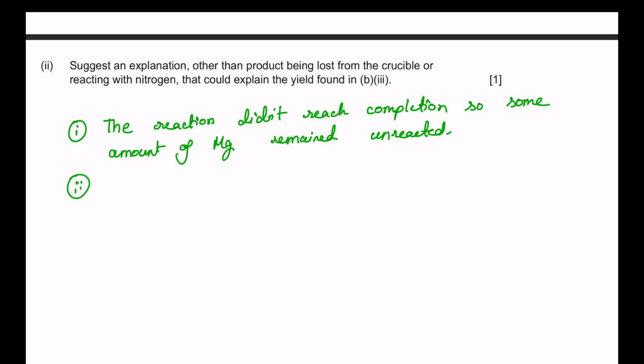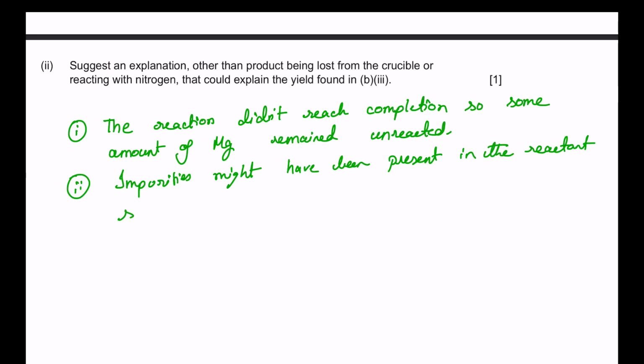The second possible explanation is impurities might have been present in the reactant sample of magnesium. So these can be the two possible reasons. You can just write any one of them, and that will be enough.